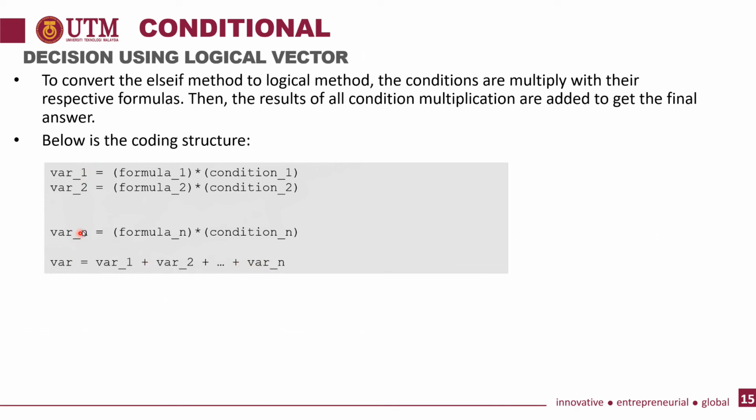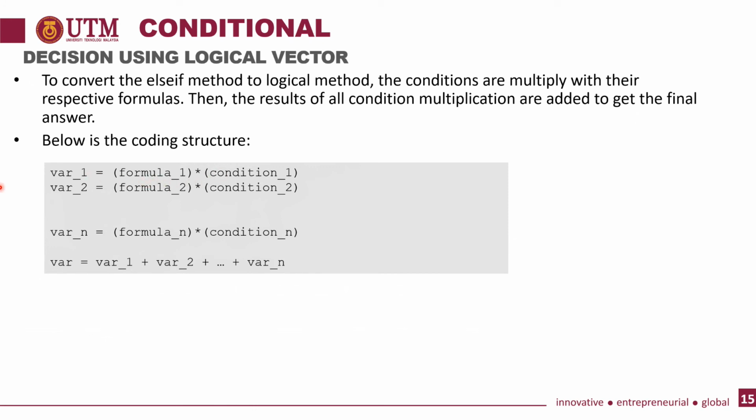When condition 1 is fulfilled, condition 1 becomes 1 and var1 becomes formula 1. Condition 2 will not be fulfilled because condition 1 is already fulfilled, so it becomes 0, and condition n will also become 0. So the final answer equals var1 because condition 1 is fulfilled.